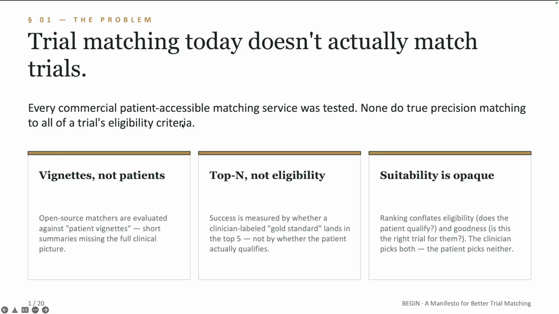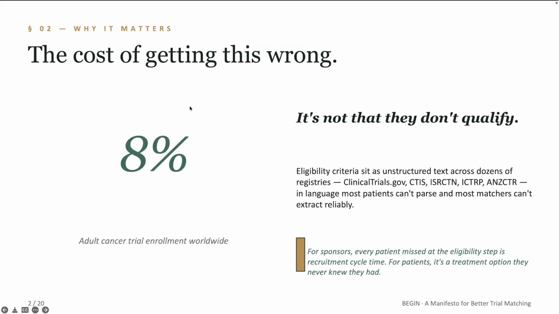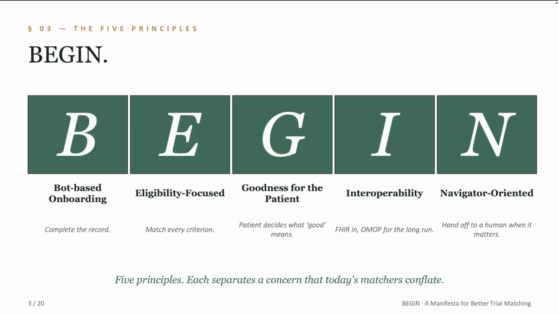And of course, you don't know whether you were truly eligible. So the cost of getting it wrong is that trial participation is much lower than it should be, even amongst trials that patients have access to. It's 8%. If you use all trials that might be harder to get to, the number is significantly lower.